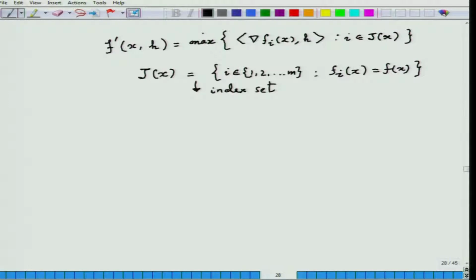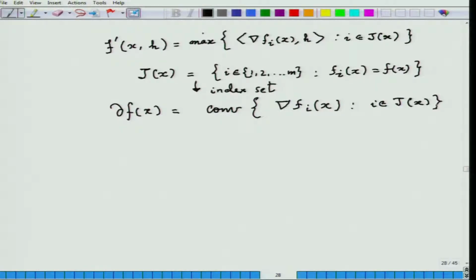If I now compute the set whose support function is this, then the subdifferential of f at x is the convex hull of all elements of the form grad f_i of x, where i again belongs to J of x.